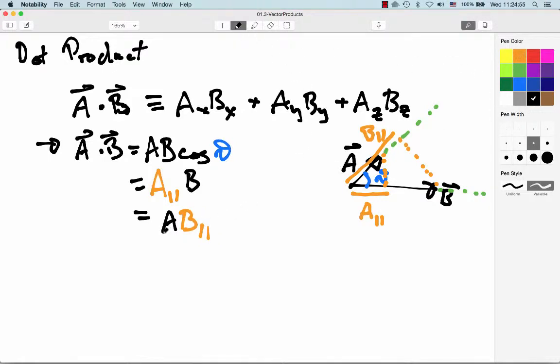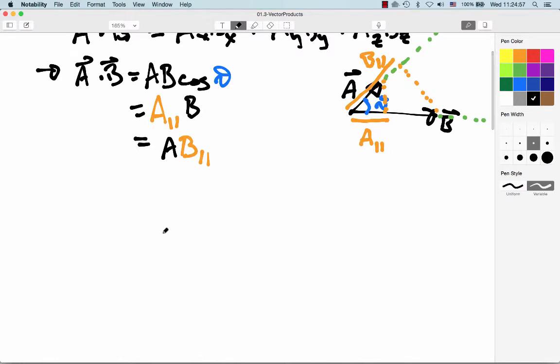So how we can interpret the dot product then is, in a certain sense, a measure of how parallel two vectors are.